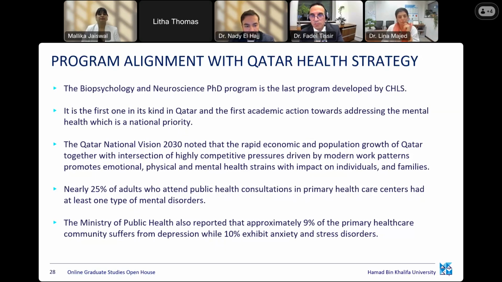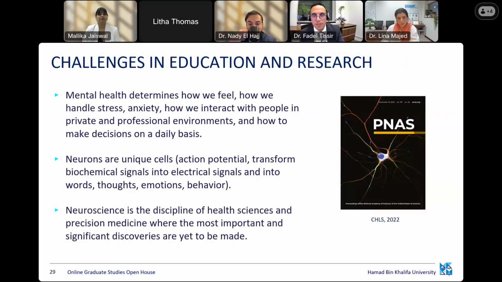The Ministry of Public Health reported that 25% of adults who attend consultations in primary health care centers had at least one type of mental disorder. For instance, 9% of the primary health care community suffer from depression, while 10% exhibit anxiety and stress disorders. Next slide, please.